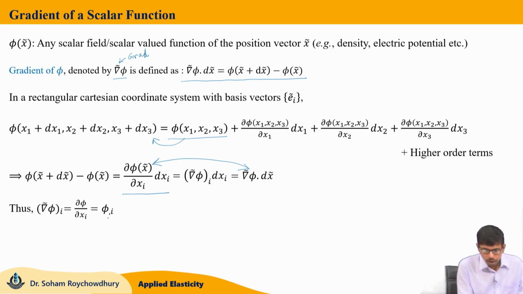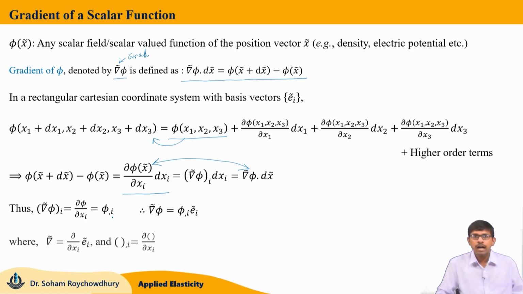Here, phi comma i refers to the first derivative of the scalar valued function phi with respect to xi, and in total the gradient vector of phi can be written as phi comma i ei, where comma i refers to derivative with respect to xi, and the gradient operator is del del xi times ei. This is one operator which can act on any scalar valued function.